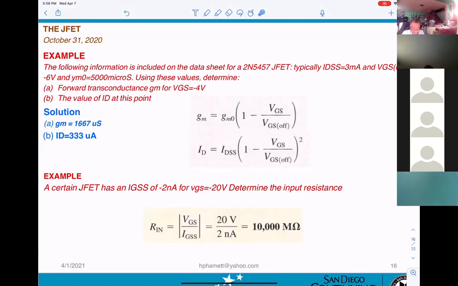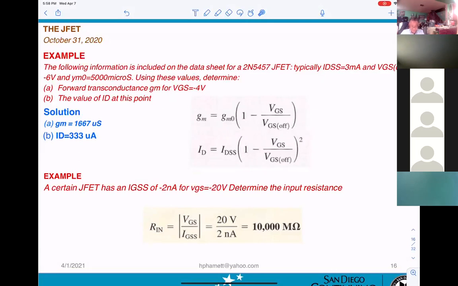So you substitute the value GM0, 5,000 microsiemens, and you need to change it to Siemens.